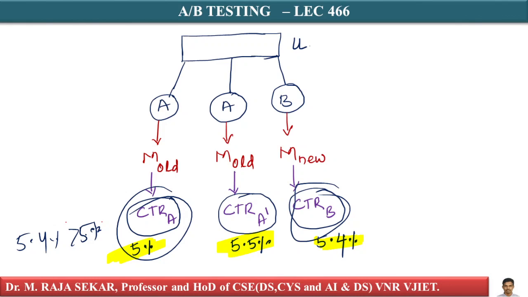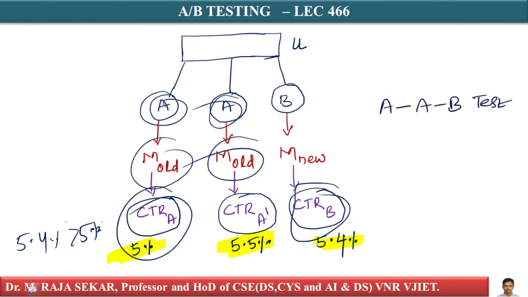We would not conclude that the new model MNew is better, because by just changing the sample, remember it's the same model, MOld, with a slightly different sample, the result changes.